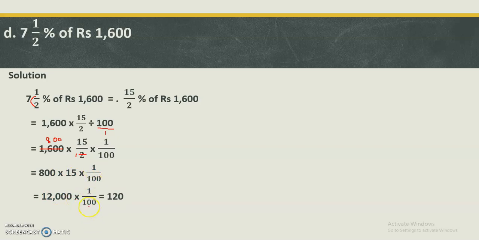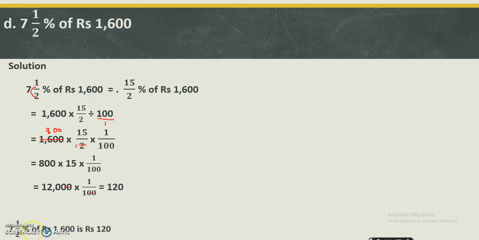Multiplied by 1/100, we can cancel out zeros by zeros. Now what we have left? 120 multiplied by 1. So 120 ones are 120. Now 7 whole number 1/2% of rupees 1600 is rupees 120.